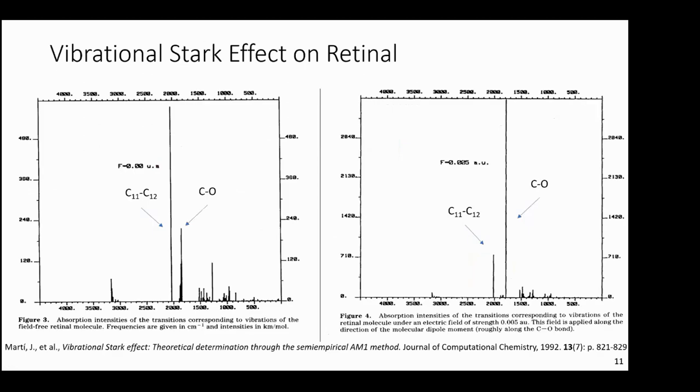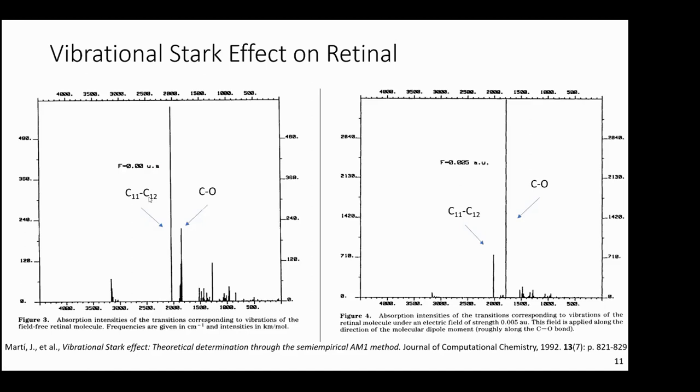Prior studies have predicted the Stark effect on the vibrational spectra of retinal at the Austin Model 1 level of theory. Using a static external electric field, strength of about 1 terawatt per centimeter squared, directed near parallel to the dipole moment of retinal, Marti et al. simulated a simplified yet good simulation of the environmental effects in proteins and found a large increase in the simulated intensity of the CO stretching and the C11, C12 stretching vibrational modes in red now when compared to the field-free simulation.